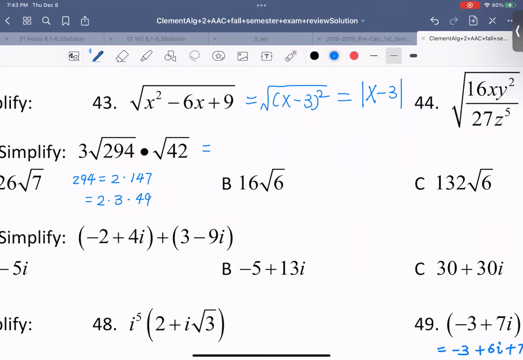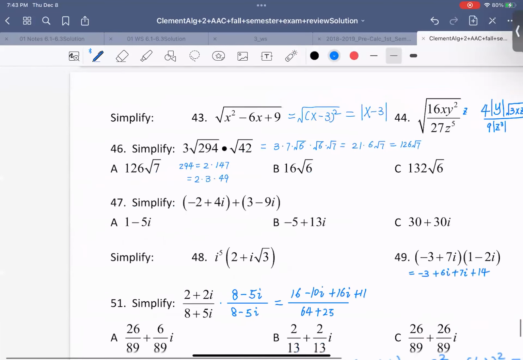So we have 3 times 49, 3 times 49 gets out, it's 7, right? And then you have 2 by 3, which is 6. 42 is who by who? 6 by 7, right? So square root 6 times square root 7. And then this becomes 21 by 6 times square root 7. Make sense now? That makes sense, right?